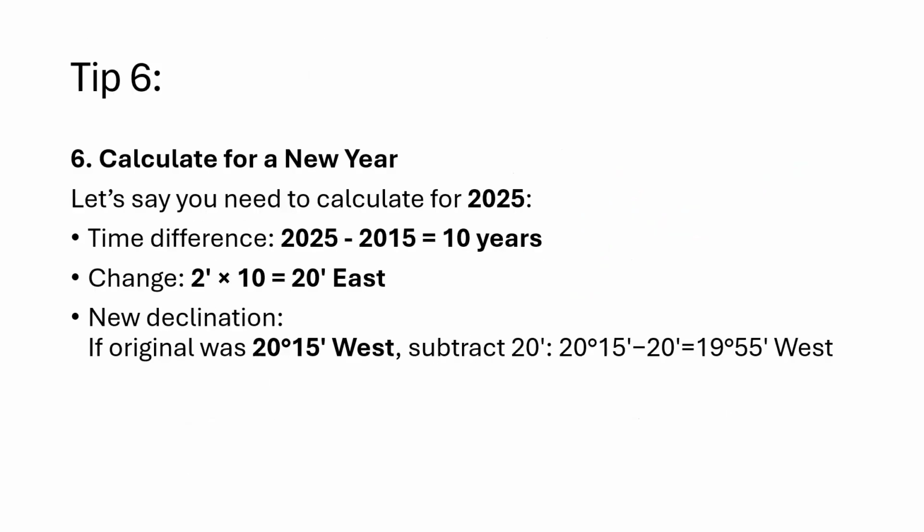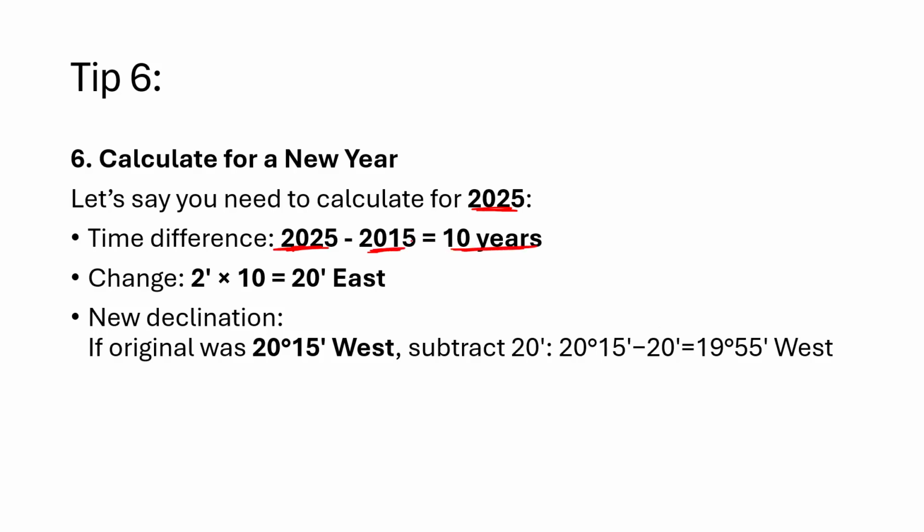Now, last tip: calculating for a new year. Let's say you need to calculate for 2025. Remember, magnetic declination was calculated in 2015, but now we are in 2025. So we want to check the difference in years: today minus the day it was calculated.